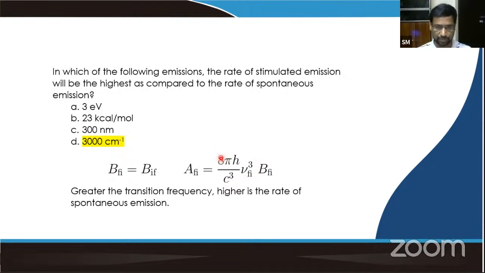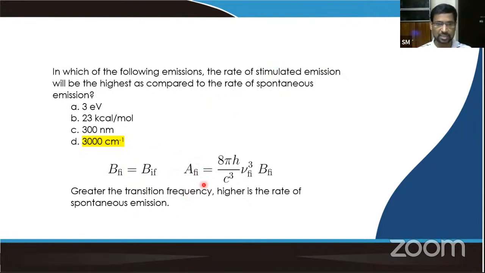We derived this relation using Boltzmann's relation as well as Planck's relation for the spectral density. So this question asks in which of the following four emissions the rate of stimulated emission will be the highest compared to the spontaneous emission.